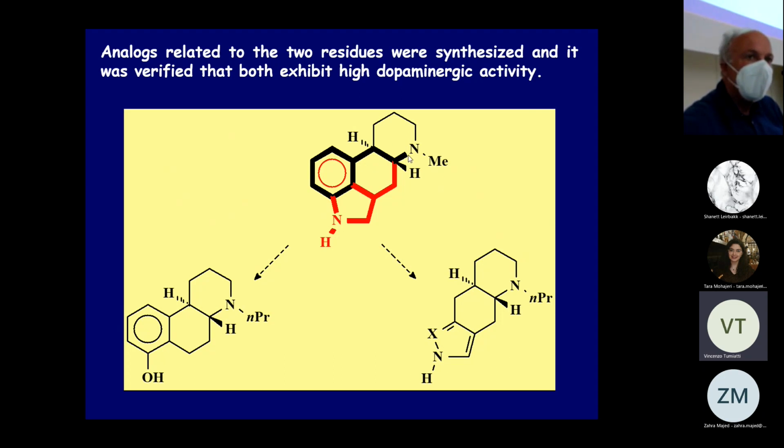Here you can see in black the first one: nitrogen, ethyl chain, aromatic ring with OH. On your right, you can see the second in red: nitrogen, ethyl chain 1 and 2, and then an aromatic ring.